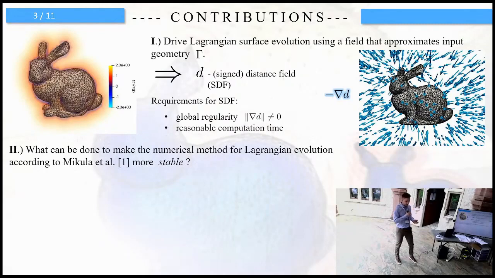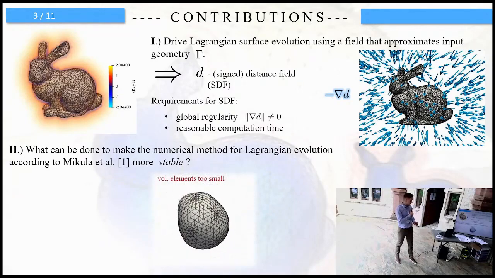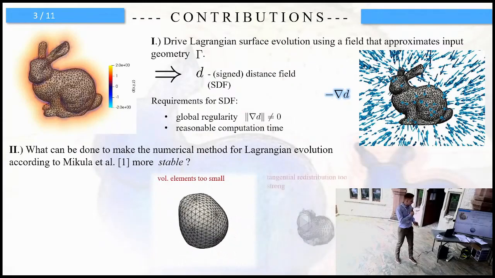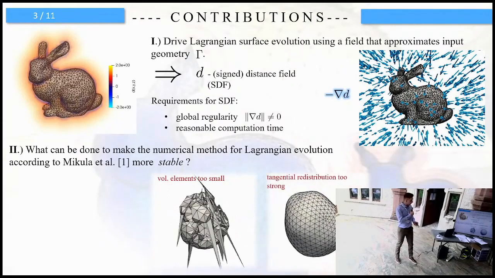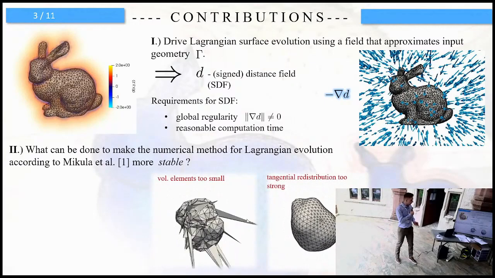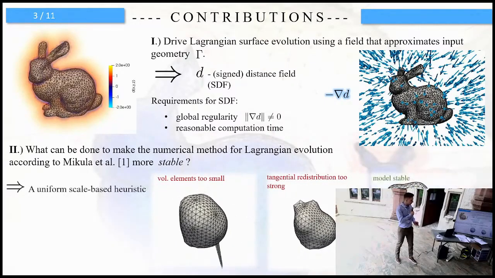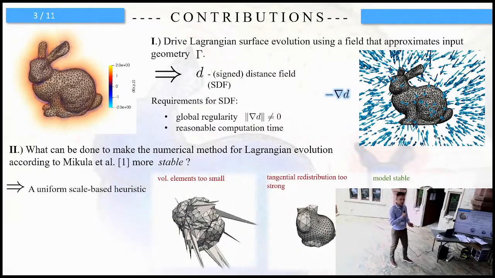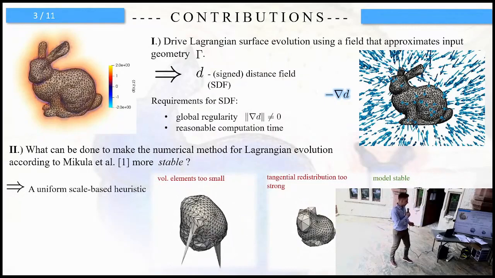We also managed to stabilize the model because of its numerical properties. Basically, the numerical method is unstable for certain sizes of triangular elements, when there's a lot of inhomogeneity between those elements, and we just use a simple scale-based heuristic to stabilize the evolution of a given input mesh.